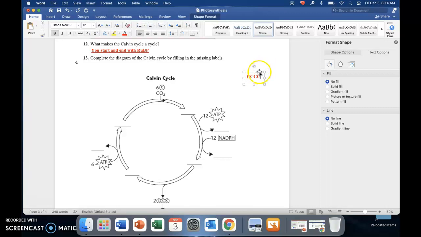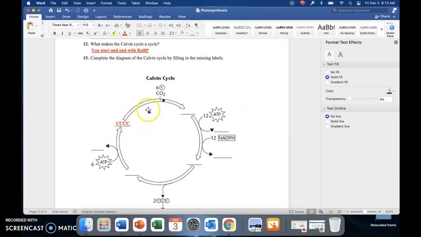So we're going to start with this 4-carbon compound. Again, this is your RuBP. And we're going to join a carbon here.